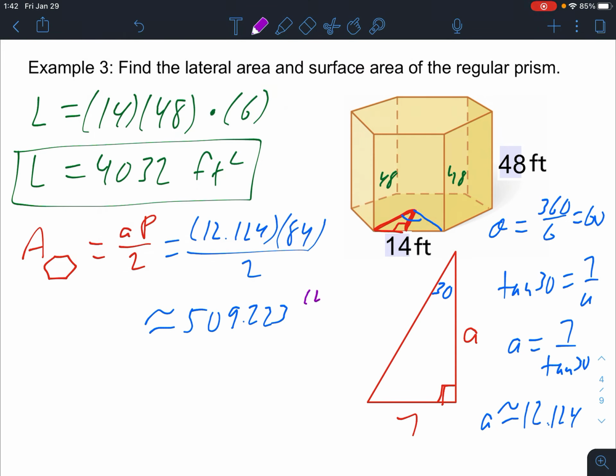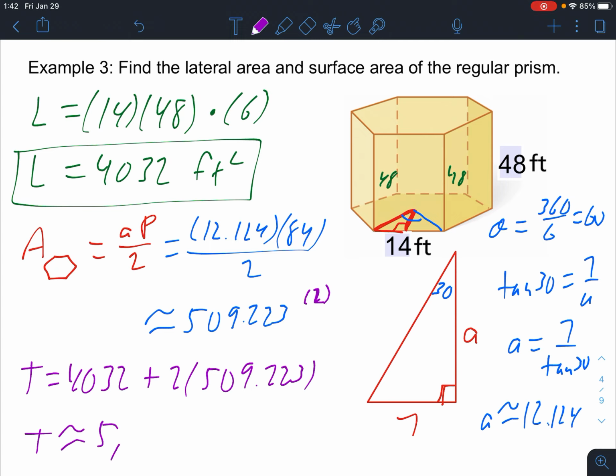Keep in mind that there are two of those, right? So our total area then is going to be 4,032 plus 2 times 509.223. And our final answer is going to be 5,050.45 square feet.